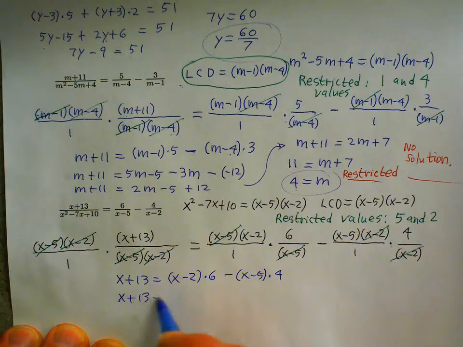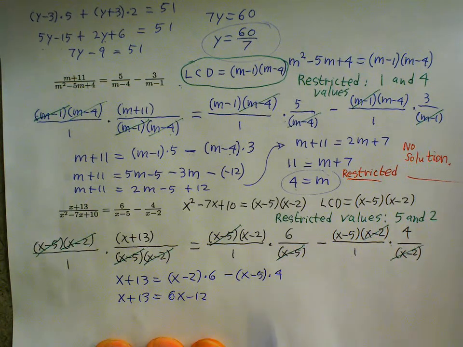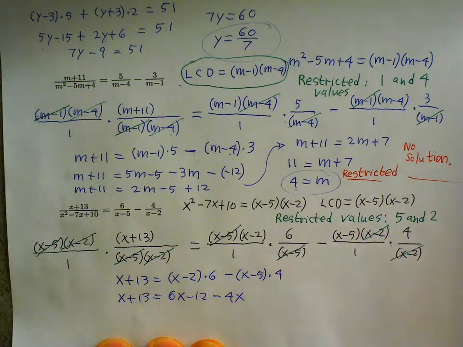Okay, now it's just algebra and arithmetic. X minus 2 times 6 is 6x minus 12. And watch out for the subtraction. We have to subtract 4 times x. And we also have to subtract negative 5 times 4.